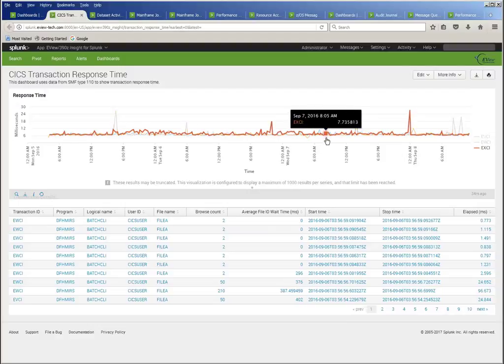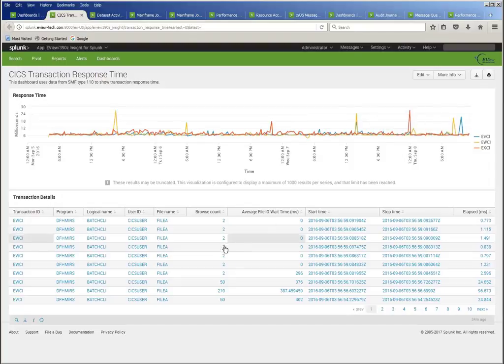we can see different transactions at different times. We can even identify peaks via this graph to see when a transaction took a longer period of time. And then we can also go down and look at specific information, where we can see not only the elapsed time of the transaction, but also information that might give us an idea of why the transaction was taking so long.